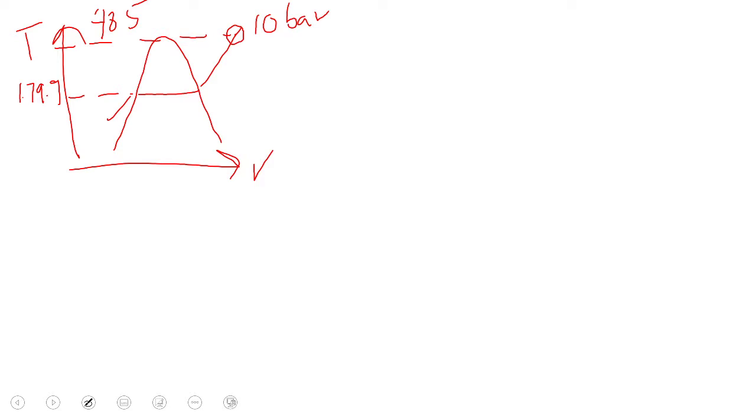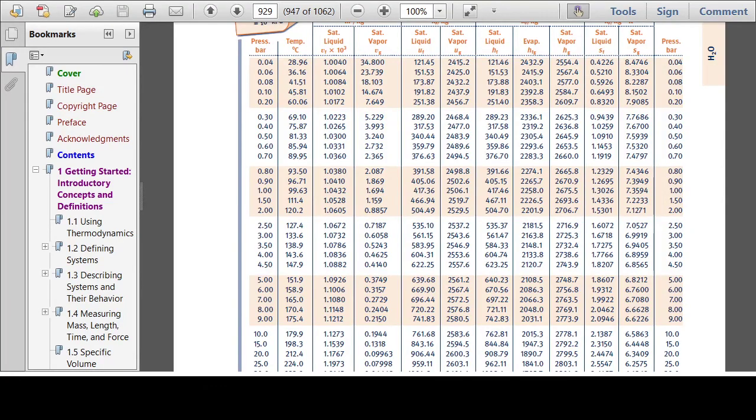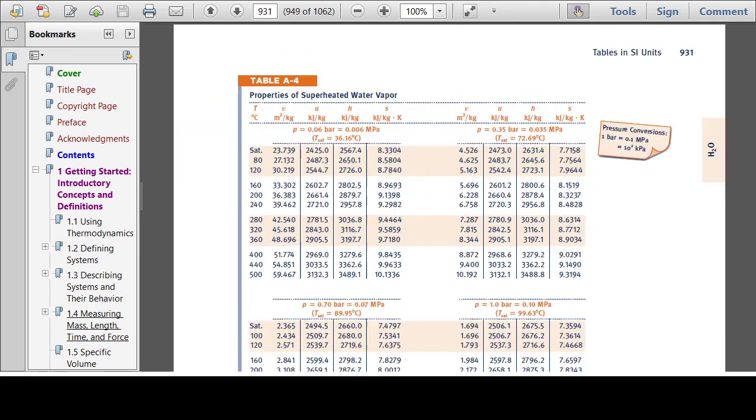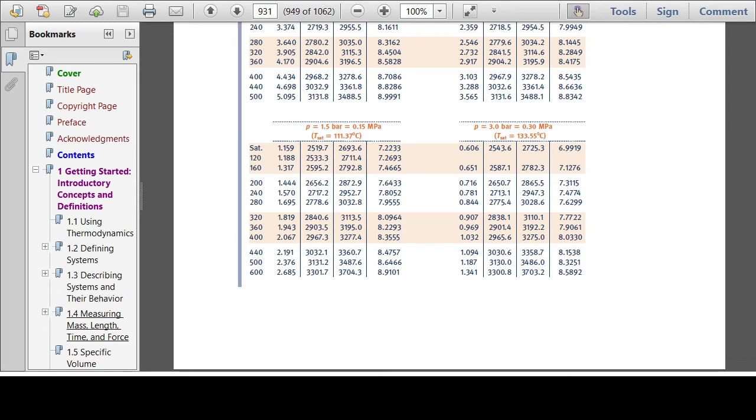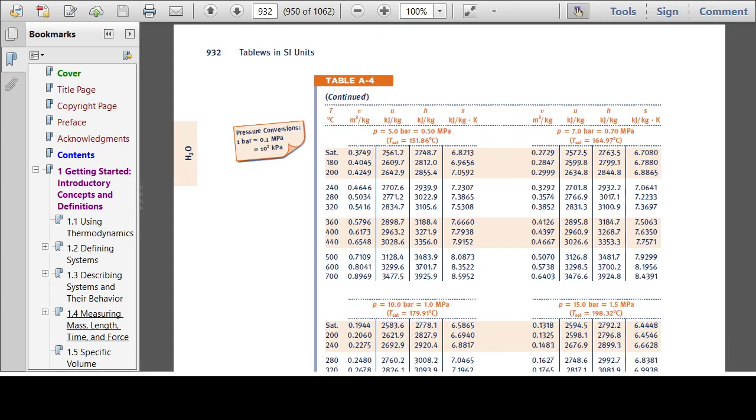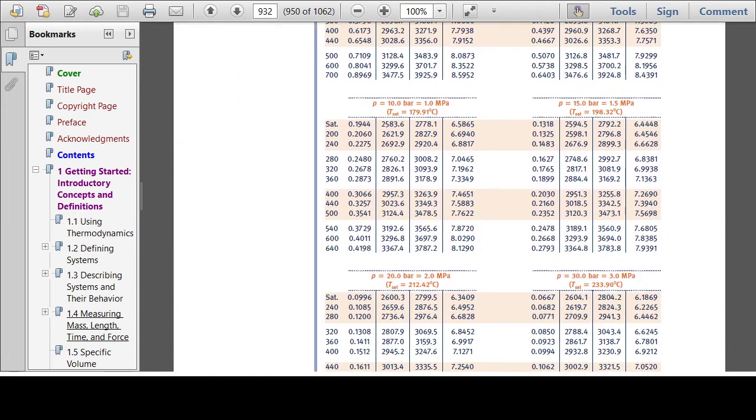Now if we copy from the tables, going back to the superheated region, 10 bar, we need to find the specific volume at 485. We are given the specific volume at 440 degrees Celsius.